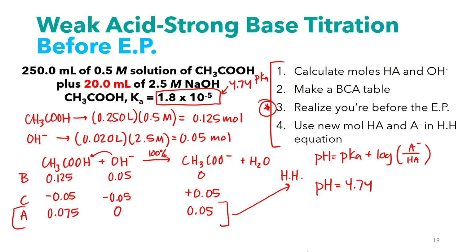I get the pKa by taking the negative log of the Ka. And now I have these values, 0.05 divided by 0.075. Again, I can leave it in moles because I just have moles over moles. That would be the same as molarity over molarity, because of course the volume is the same for both. The pH at this point is 4.56.